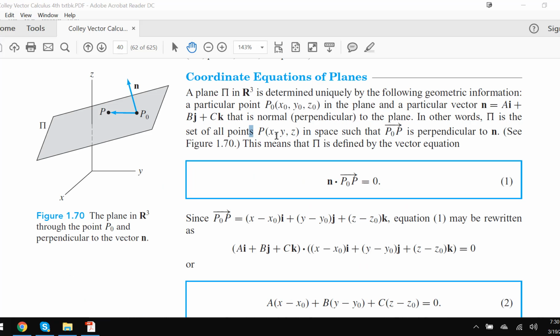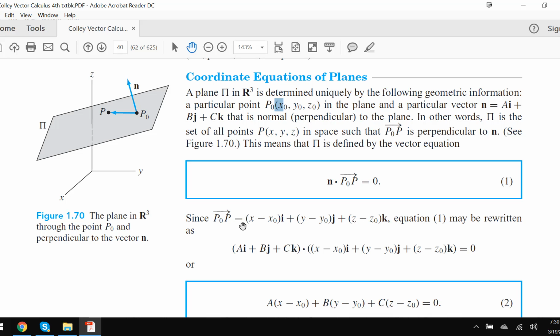Now we named P like this, and we named P0 like this. So we can write P0P as x minus x0. Remember that that's called the displacement vector. It's just x minus x0, so this one minus this one, and then y minus y0, and z minus z0. Okay? So you can write it like this.